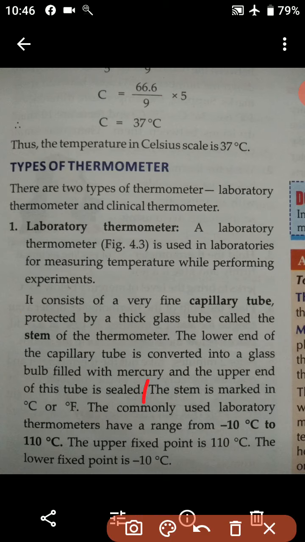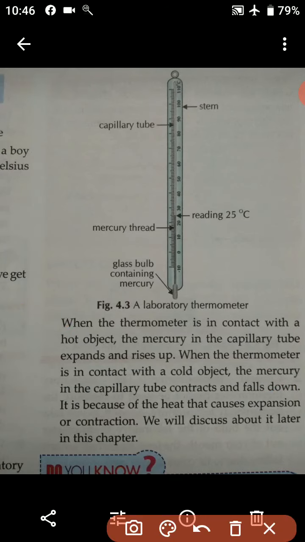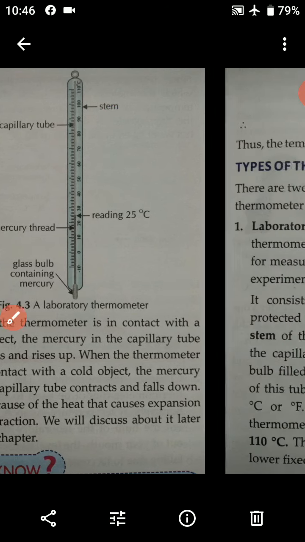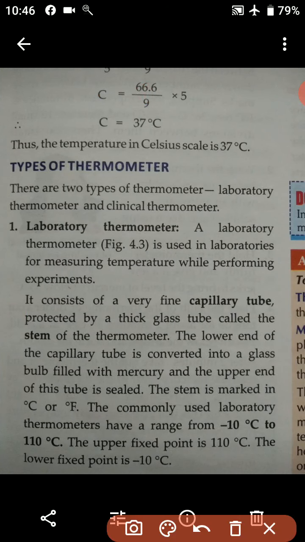The stem is marked in degree Celsius or degree Fahrenheit. So students, this is a stem and it is marked in degree Celsius or degree Fahrenheit. The commonly used laboratory thermometers have a range from minus 10 degrees Celsius to 110 degrees Celsius.